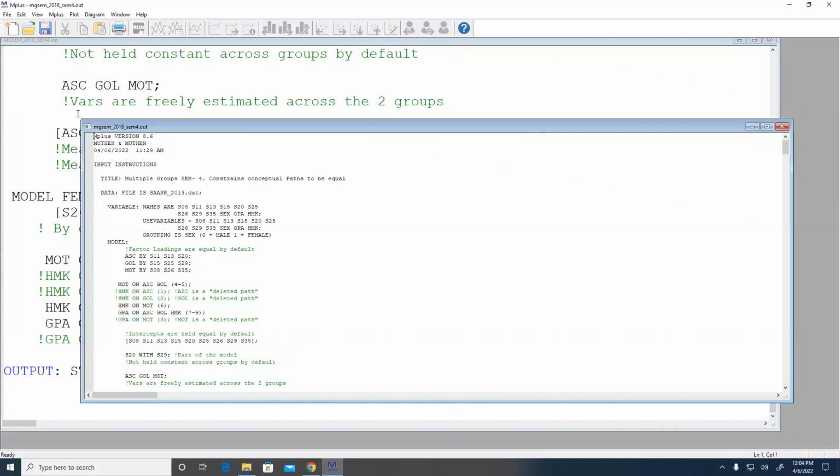See what I'm saying? So, holding academic self-concept and goal evaluation equal across the two groups, if boys are average on them, is their motivation equal to girls who are average?